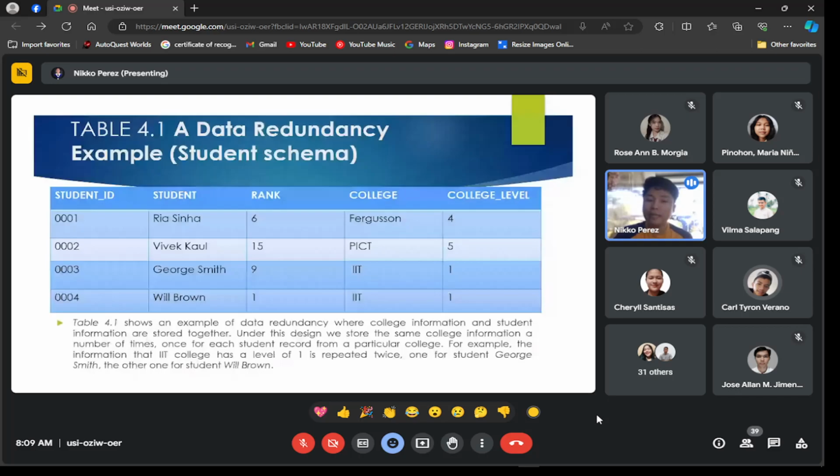So is it only the college level? What else? The college, sir, because IIT appears twice. Okay, the college as well, because the IIT is repeated twice as well.